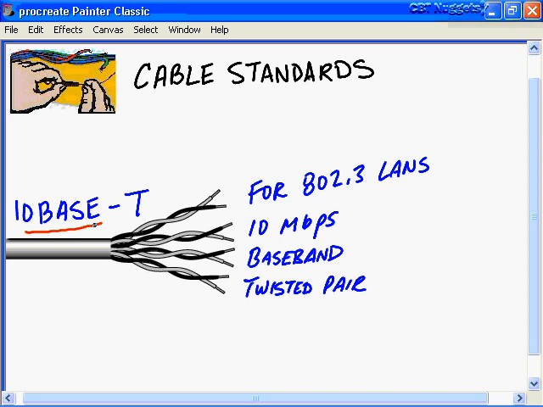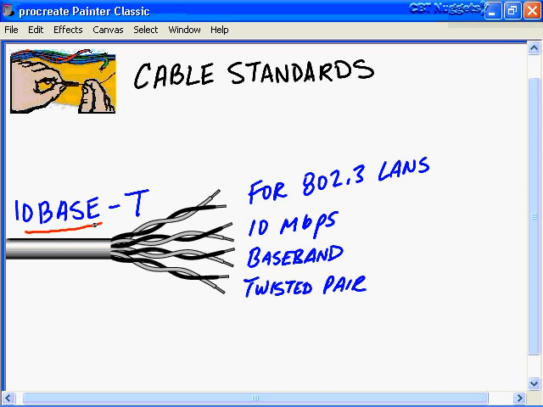We've used quite a few different types of older technologies or older cables for Ethernet. 10BASE-2, for example, comes to mind. But you don't need to worry about knowing all of these different standards. I'm going to show you the ones that you're expected to know for the Network Plus exam.